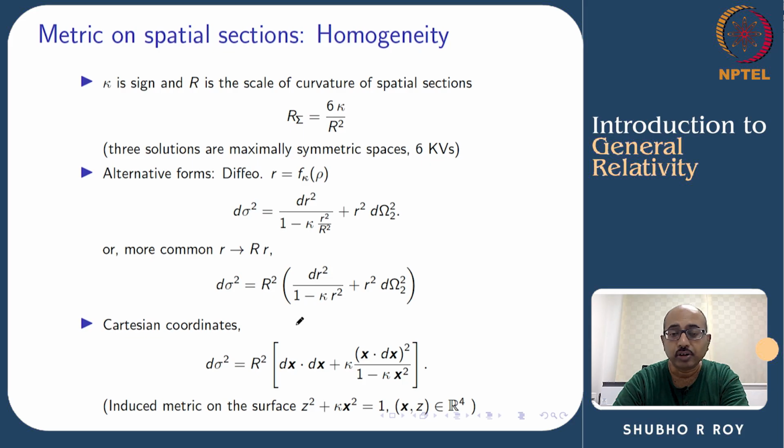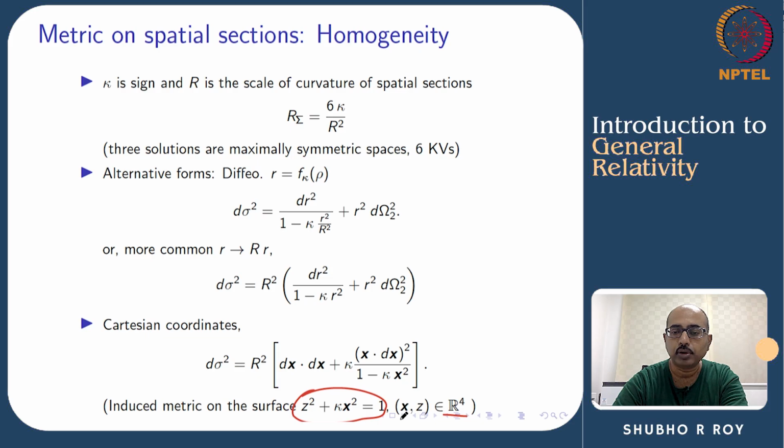One can also use Cartesian coordinates, which is also commonly used. What you're starting with is that, because these are three-dimensional maximally symmetric spaces, they can be realized as hypersurfaces inside R4. All three cases can be thought of as some kind of hypersurface lying inside R4, and they're given by this relation, except for kappa equal to 0.